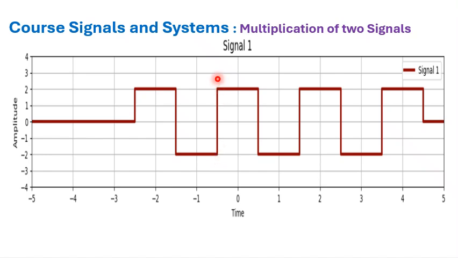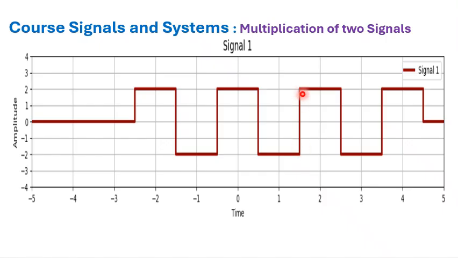0.5. Again, the signal has a value of 2 from -0.5 up to +0.5, and again it drops to -2 from 0.5 up to 1.5.